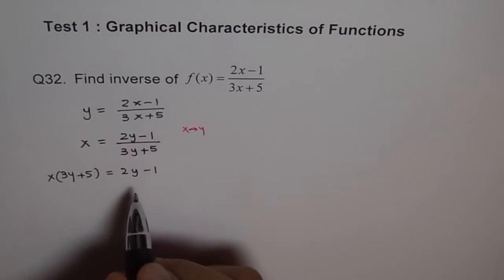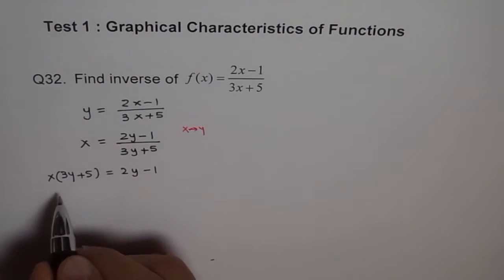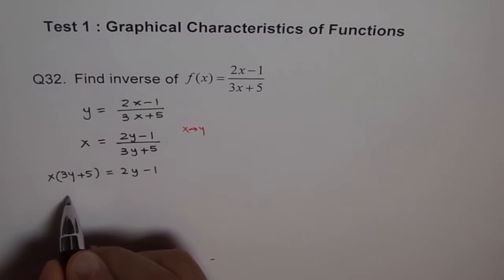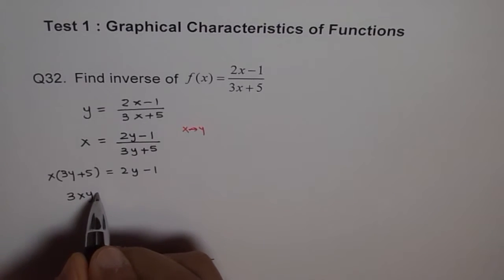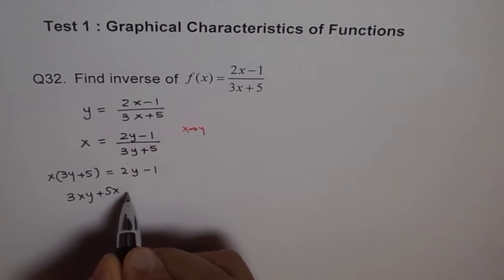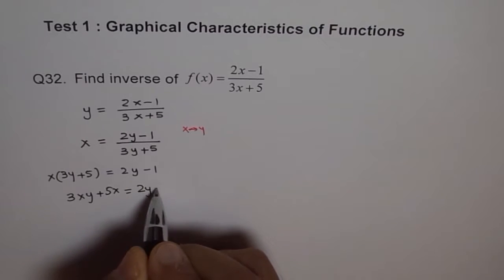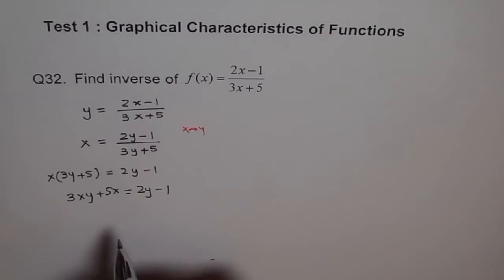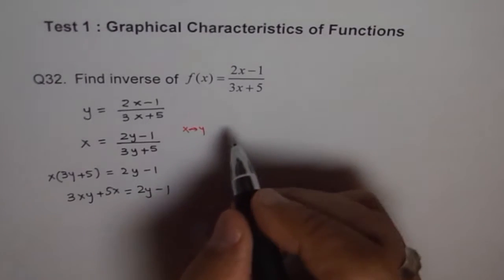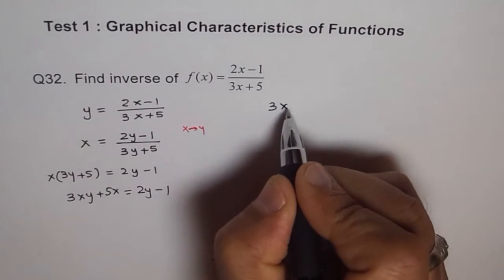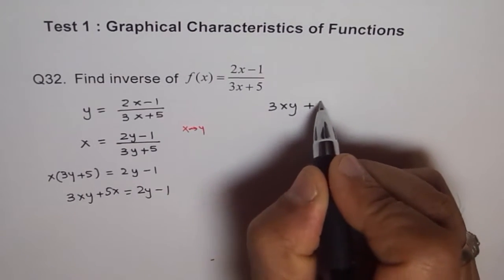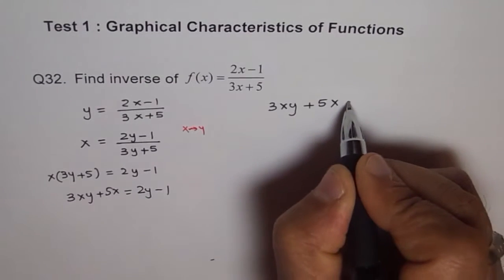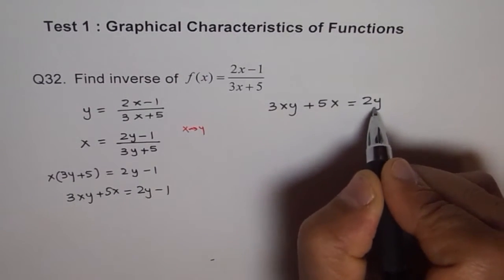To solve for y, let's first open the bracket. So we have 3xy plus 5x equals 2y minus 1, right?